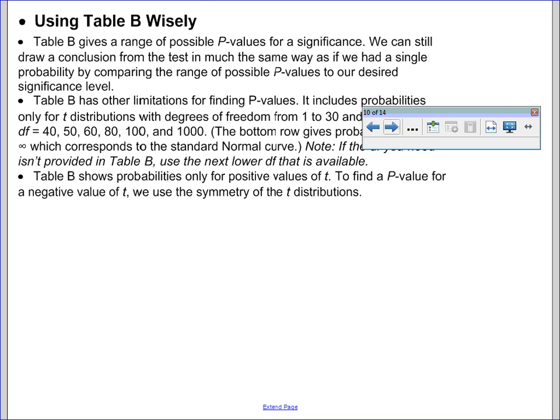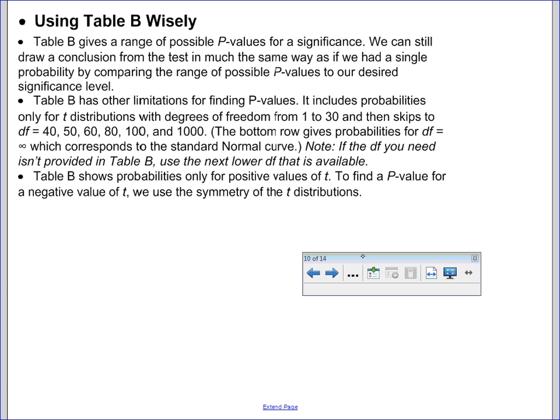And this is just more about using the table. And you can read through this, and you can go to the back of your book, and you can do this. The key is to always be conservative. So you're always going to round down if you're over 30 degrees of freedom to the lower value.